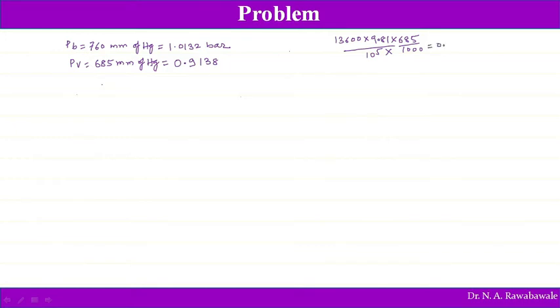So this is 0.9138 bar. So now total pressure PT is equal to PB minus PV, which is nothing but 1.0132 minus 0.9138. So this is 0.099 bar.